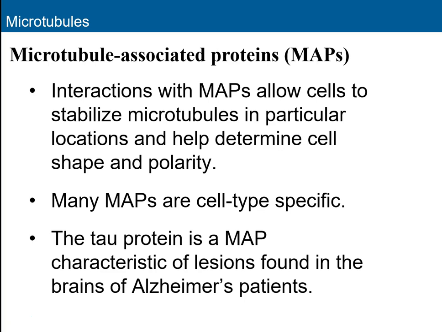I already mentioned that you have many different types of microtubule-associated proteins, and many of them are cell type specific, meaning you're only going to see a certain microtubule-associated protein in a neuron, and you would see a different one in another cell type, like a skin cell or something like that. One example is tau, like I mentioned before, and this is a protein that's characteristic in brains of Alzheimer's patients.